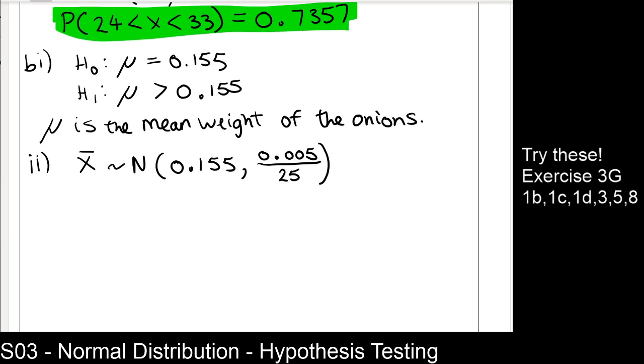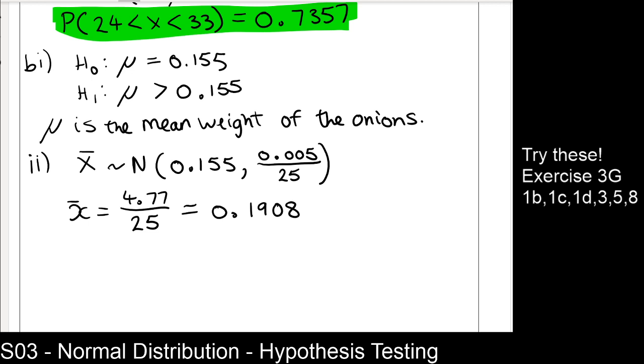The sample mean here is going to be the 4.77, the total weight, divided by 25. So the average weight of one of the onions is 0.1908. Right, so the total weight is 4.77, there's 25 onions there altogether. So divide that and then you get 0.1908. So that's your sample mean.